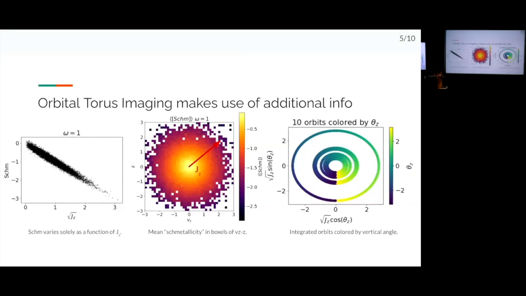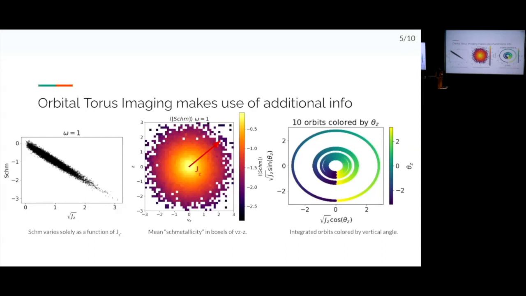So on the left is that relationship in the correct potential, and then in the center panel, we're looking at the mean metallicity in voxels of vz and z. If you look at the center of that panel, you'll notice that the stars which have a lower absolute value of vz and z correspond to a lower action, but they have a different metallicity than the stars which have a larger absolute value of vz and z.